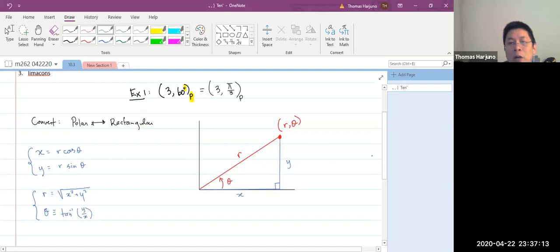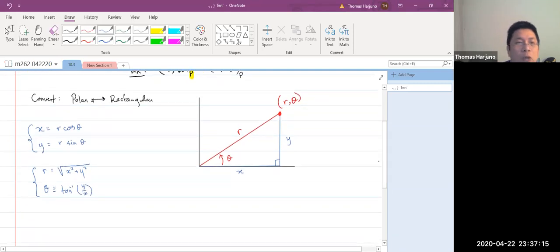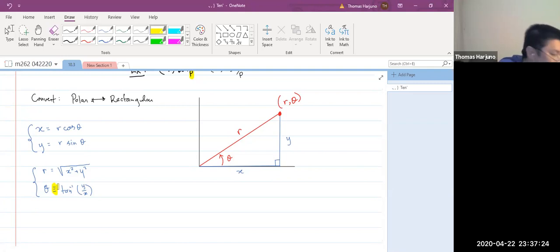I did not use an equal sign because it depends on where the coordinate x, y is located.